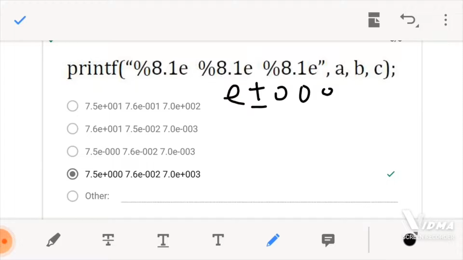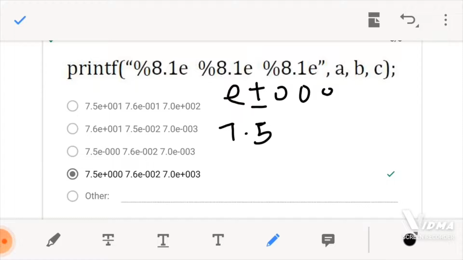So what we would do here is we would actually write our value, which is 7.5. Now, had it not been that we need a precision of 1, we would have added the zeros and filled it till the minimum width became 8.